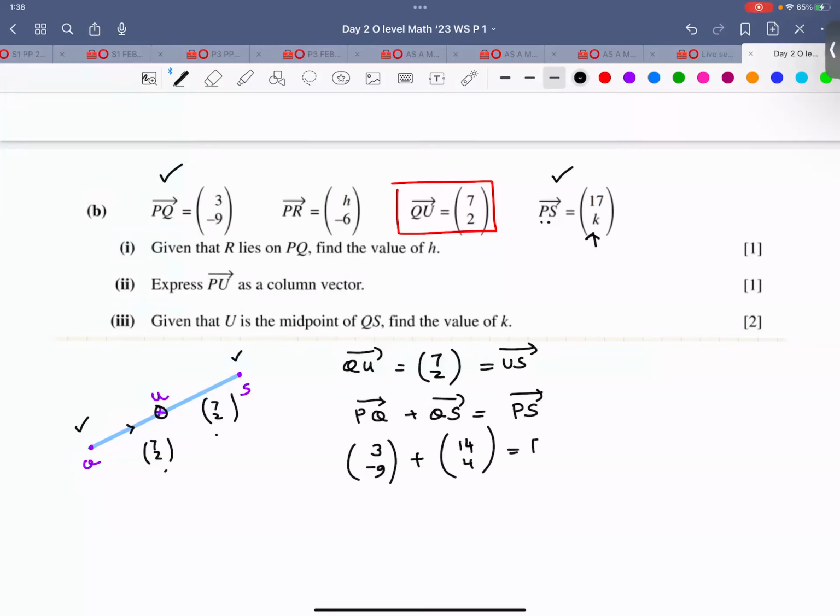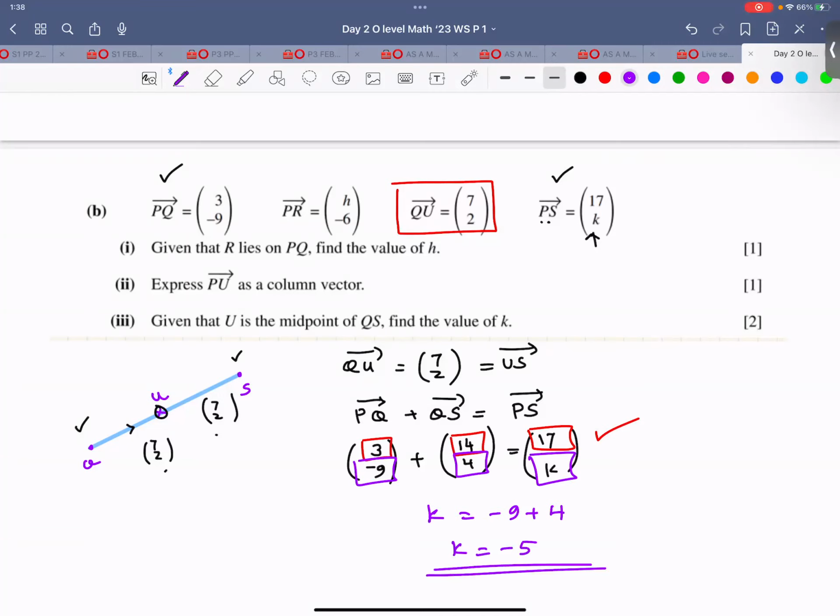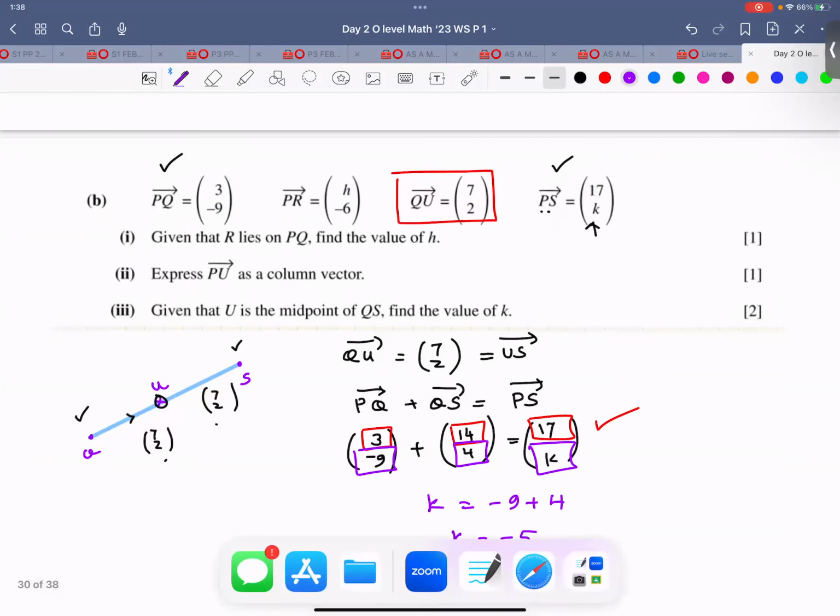That's 14, 4. That is PS. And what is PS? That is 17 and K. The first line is for double checking. 3 plus 14 is 17. That's perfect. That means minus 9 plus 4 equals K. So K is minus 9 plus 4. Therefore, the value of K comes out to be negative 5. So that's how we did some questions on vectors. That completes the review of vectors.